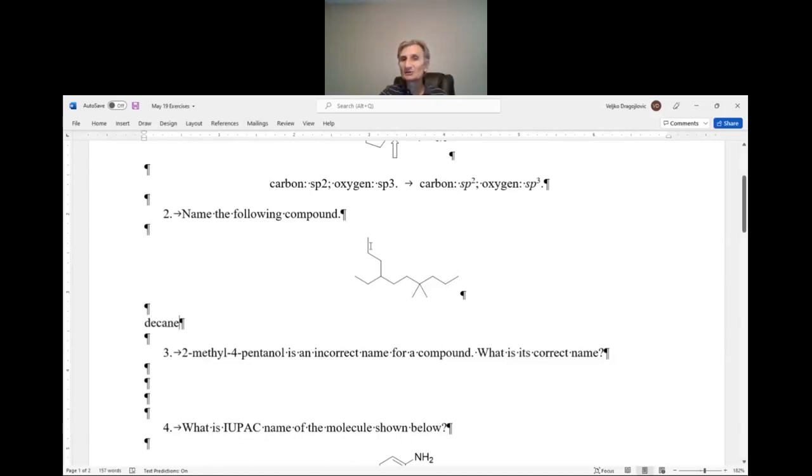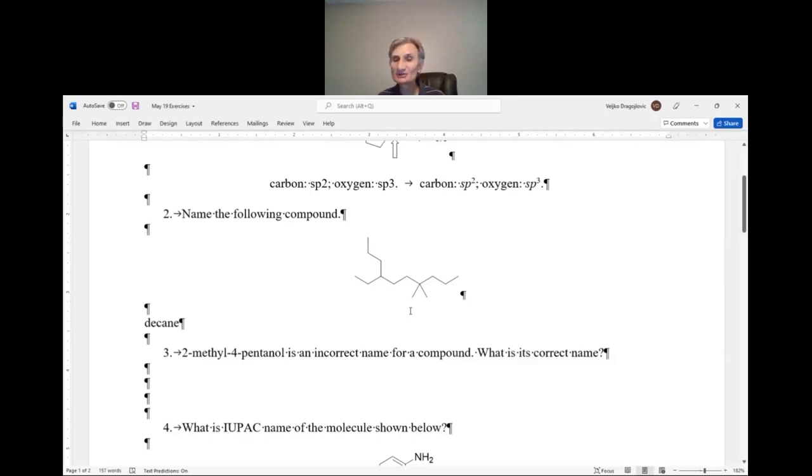So root of the name or parent chain is decane, 10 carbons. By the way, you have to memorize actually first 10. That's why I was worried, since I drew it at random without counting, that I may have too many carbon atoms, because if it's more than 10, I don't expect you to memorize more than 10, undecane and dodecane and so on. Undecane would be 11, dodecane 12. So decane, so the longest chain has 10 carbon atoms.